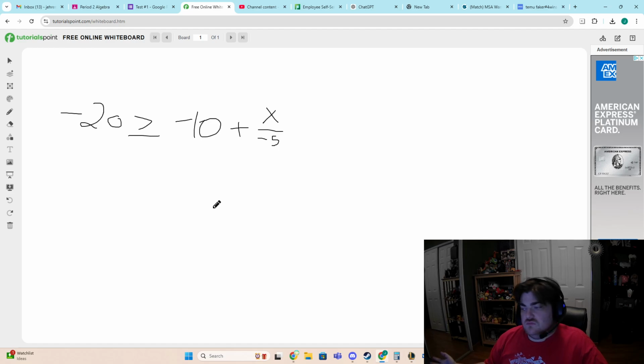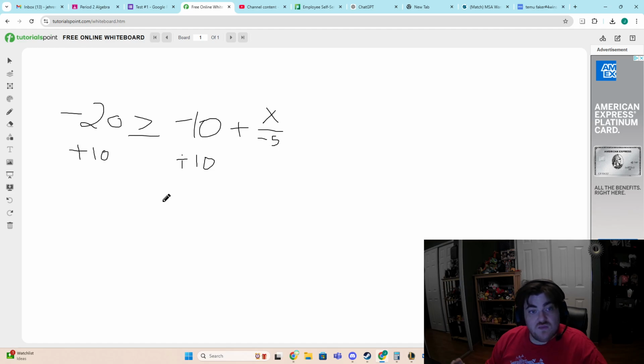So, like most of you, I want to avoid the fractions at the beginning. I want to not deal with them. So let's just not touch the fraction for now, and we'll just deal with the minus 10. If it's minus 10, what do we do to move it over? What's the opposite? It's going to be plus 10. Now, did we do any of our special rules?